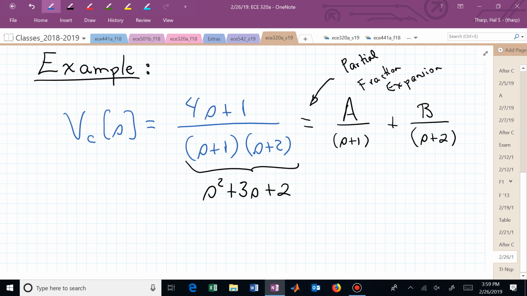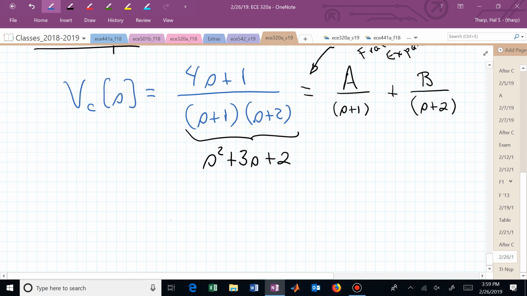What value of s causes s plus 1 to equal 0? s equal to minus 1. So s equal to minus 1 is one of the roots of our system that gives rise to a mode, and that mode is e to the minus t, and maybe I should make it explicit, e to the minus 1 t, where this minus 1 is coming from the root that satisfies s plus 1 equal to 0.